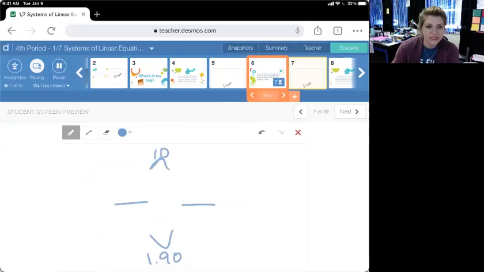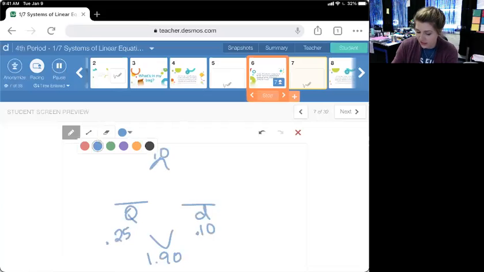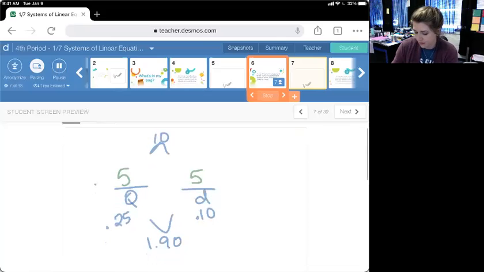All right, so if I set this up, I have quarters over here and I have dimes over here. Quarters are 25 cents. Dimes are 10 cents. I can only have 10 coins. Now, let's say I started with the middleman, 5 of each. If I take 5 times 25, that's $1.25.